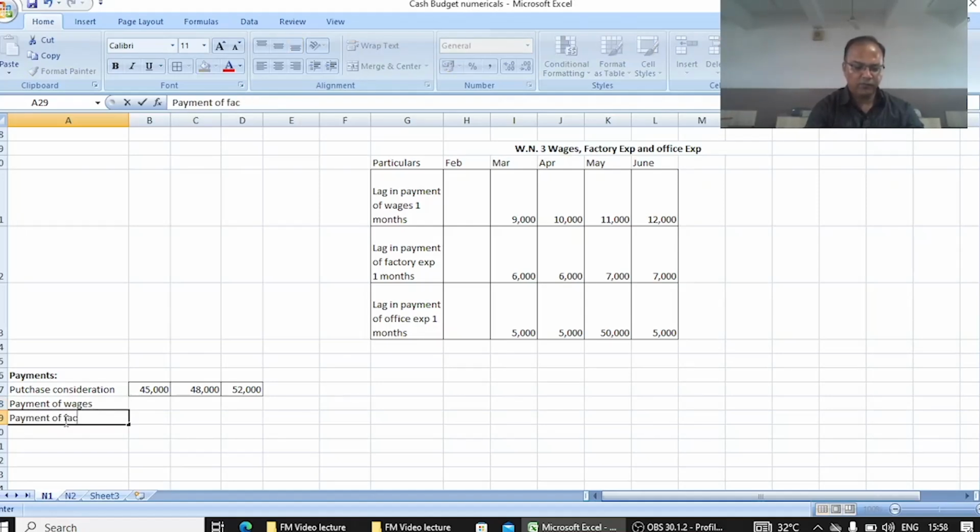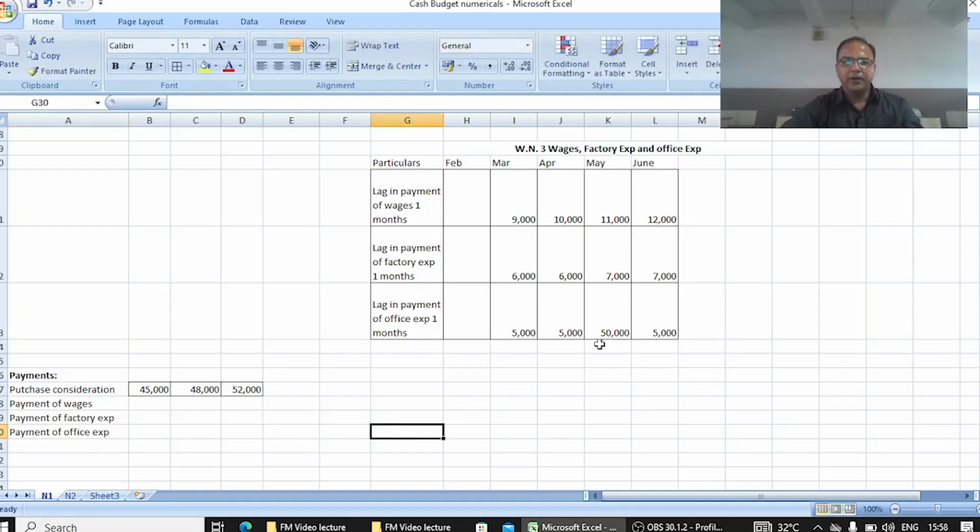Payment of factory expenses. Payment of office expenses. Now, this is the amount for April, May and June.